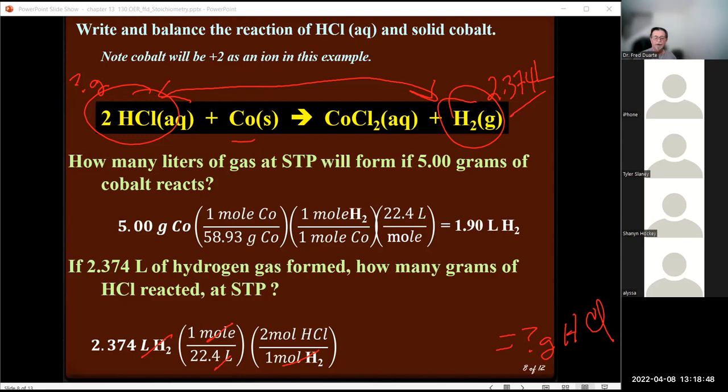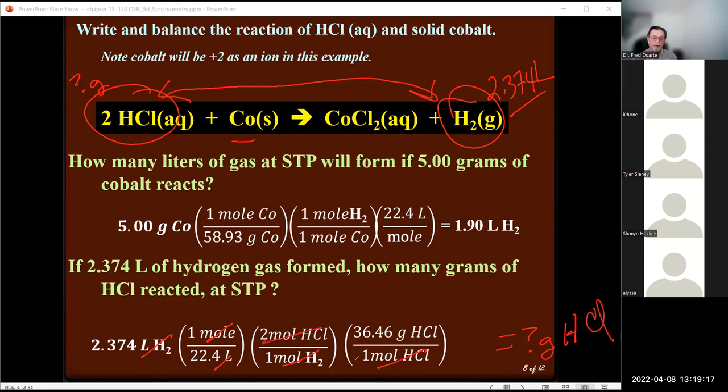Now I just simply need one more conversion factor, and that is the molar mass of hydrochloric acid, right? Because HCl has 35.45 for the chlorine, 1.01 grams per mole for the hydrogen. That gives me a total of 36.46 grams of hydrochloric acid per mole of hydrochloric acid. Check my units.